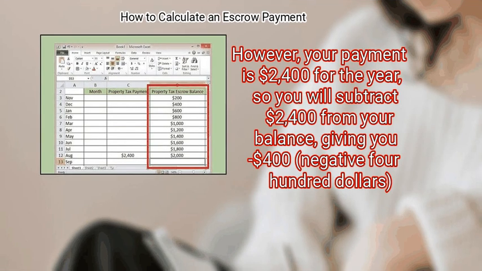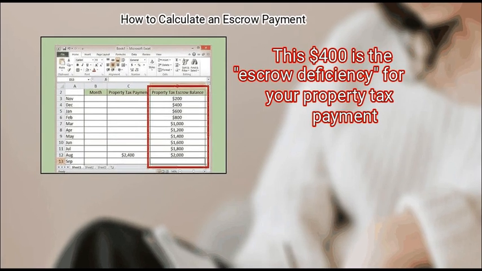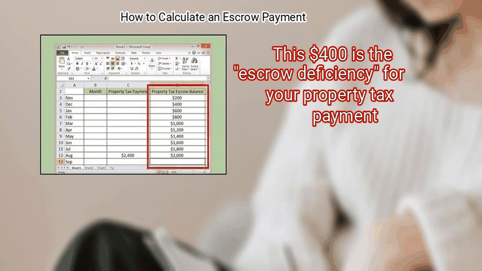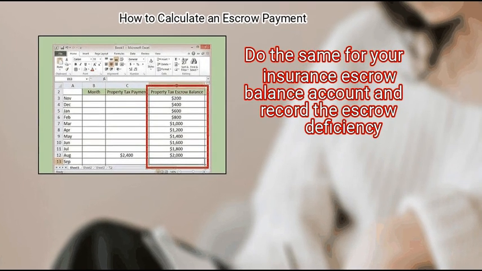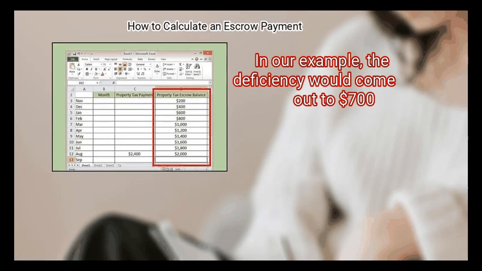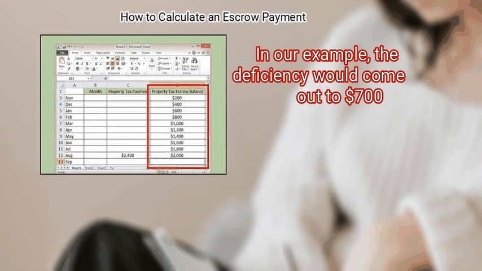So you will subtract $2,400 from your balance, giving you negative $400. This $400 is the escrow deficiency for your property tax payment. Do the same for your insurance escrow balance account and report the escrow deficiency. In our example, the deficiency would come out to $700.